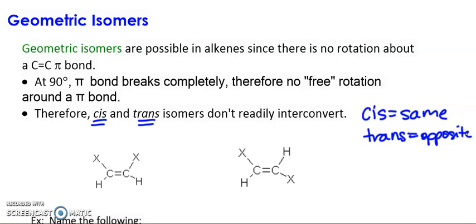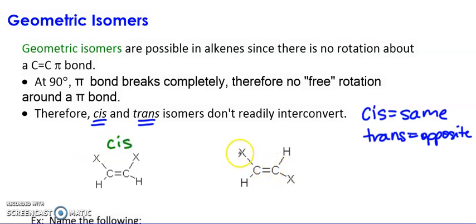Okay, so what we're looking at here with these two, these X's are whatever other group. It could be more carbons or chlorines or hydroxides, anything like that. But if you notice in this first one, they're both on the upper part of the carbons. So this is a cis isomer.